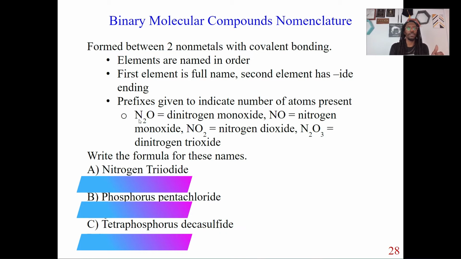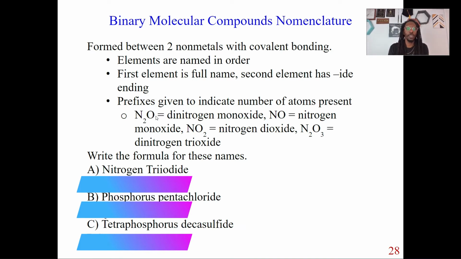Elements are named in order. So our nitrogen will be first. You don't mess with it, we keep it the same. We also have to include the prefix now because this is a molecular compound, two nonmetals. Since we have two nitrogens, it's going to be dinitrogen.